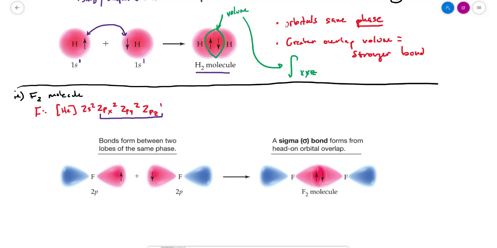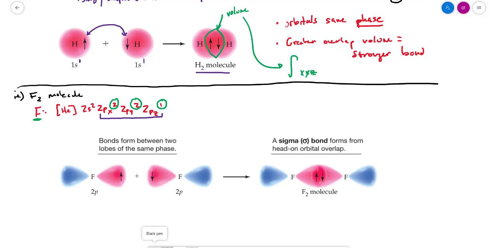In this case, there's only one electron that each fluorine has that can satisfy this valence bond theory criterion, which is that the singly occupied orbitals are the ones that overlap in space. The 2px and the 2py are both fully occupied, and so those don't overlap.